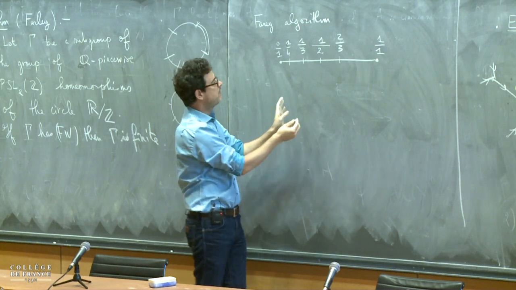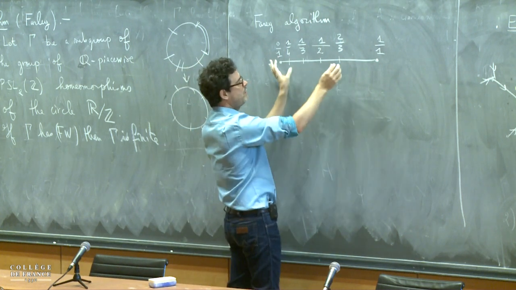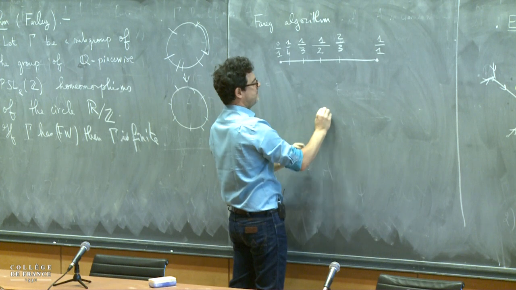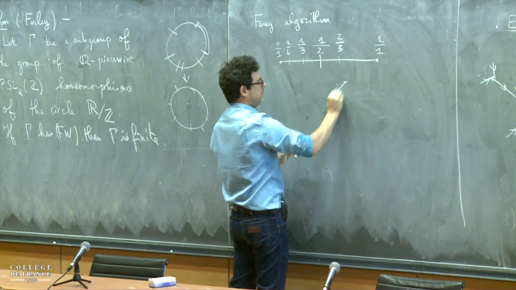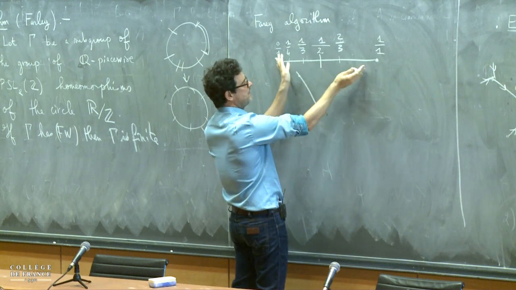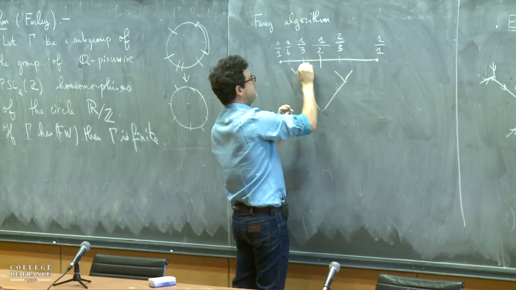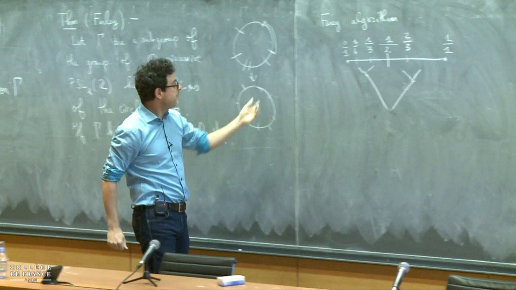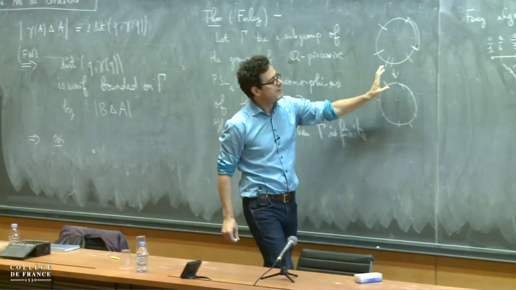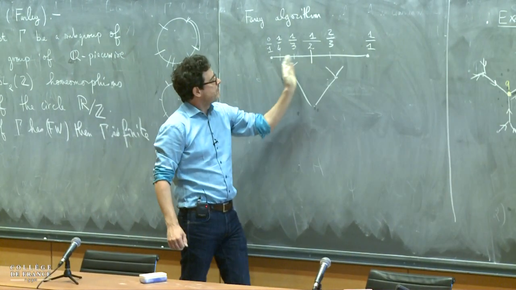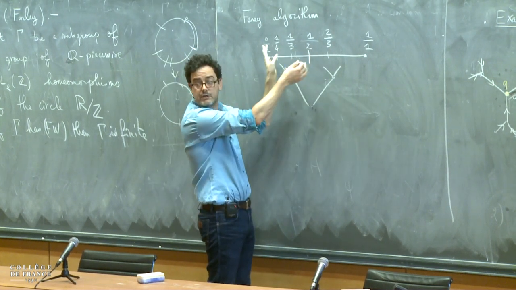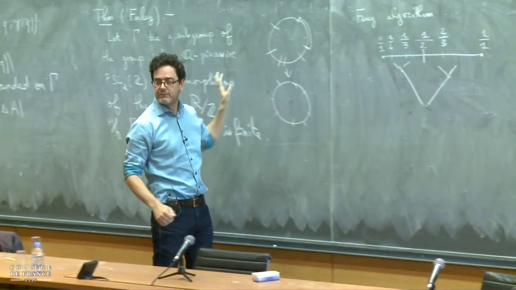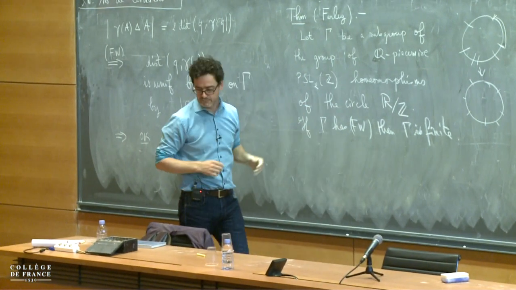But then you organize the rational numbers in a dyadic way with a tree, because at the beginning you just have the two extremities, and then when you cut, you get two segments, and when you cut again, you get two segments, and so on. And elements in PSL2(Z) are exactly the transformations preserving this dyadic order on the rational numbers. So that's a link between actions on trees and this thing.